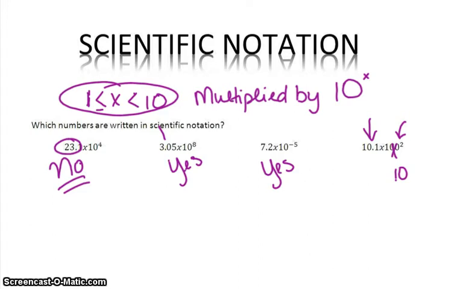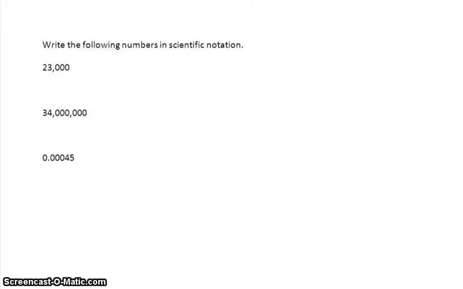Alright, so next thing we're going to do is actually practice writing them. So I've got three numbers listed. All three of them are in standard form, which means just written out like we normally see numbers. If I need to write them in scientific notation, what you're basically going to have to do is move the decimal point. 23,000 is too big. We just said that the first number has to be between 1 and 10. So to make 23,000 a number between 1 and 10, I have to move that decimal point, that right now is at the end of the number, over until it's a number between 1 and 10, which would be 2.3.